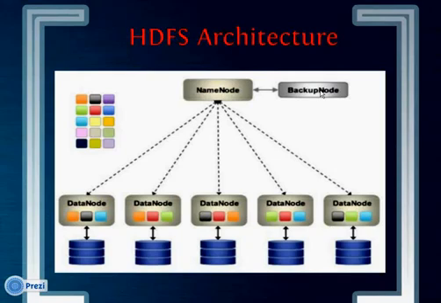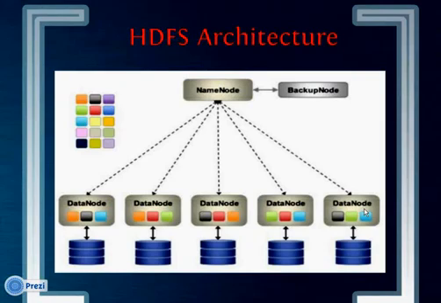Apart from the master machine and the backup master machine, we have 5 slave machines, or you can say 5 data nodes. This is the first data node, second, third, fourth, fifth. So ultimately we have a 7 machine Hadoop cluster. One is the master machine, one is the backup master machine, and 5 are my slave machines.